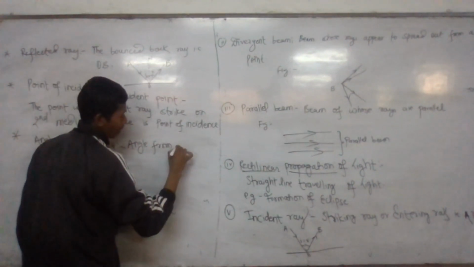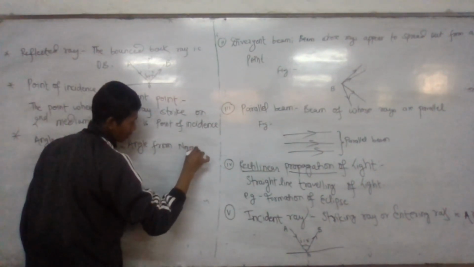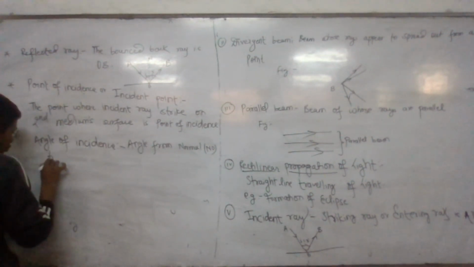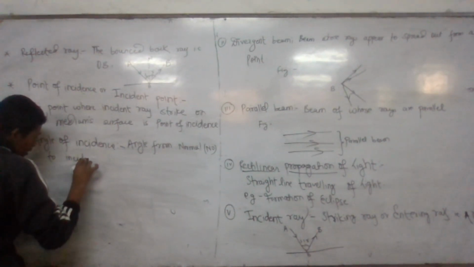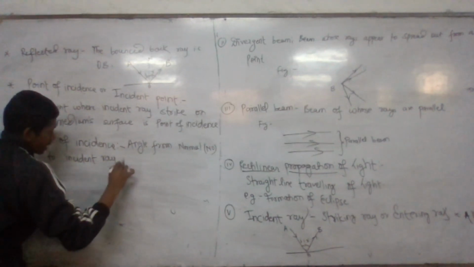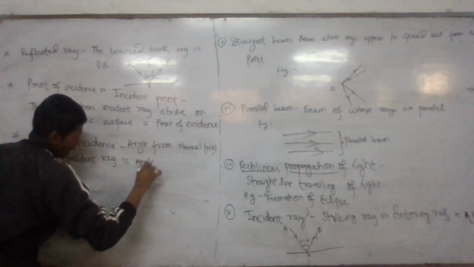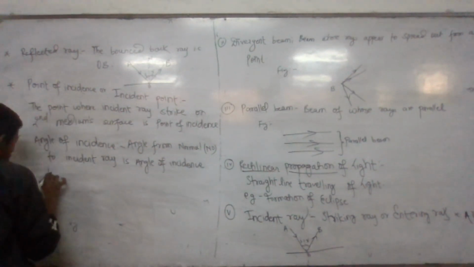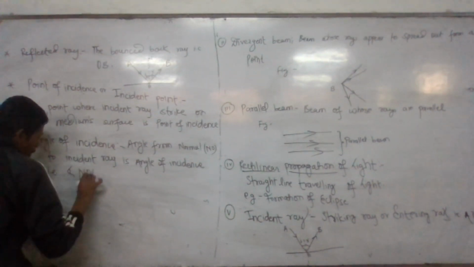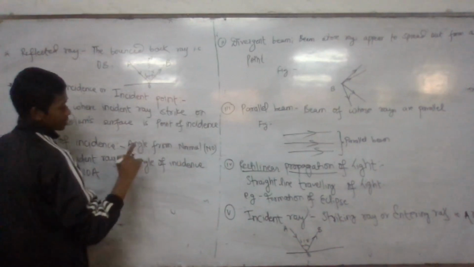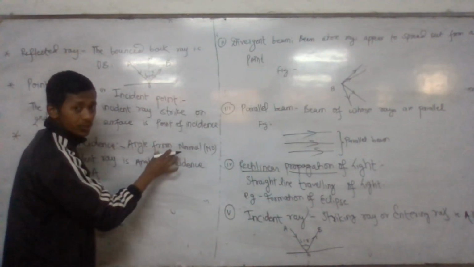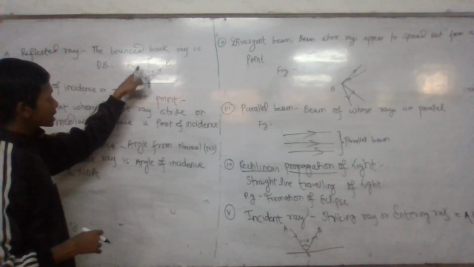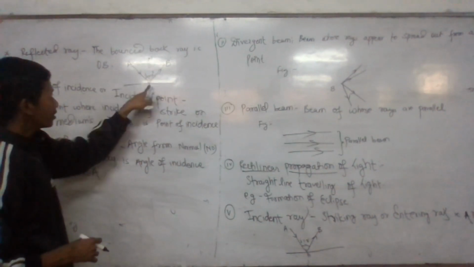So the angle from the normal to the incident ray is the angle of incidence. We are not allowed to write angle between here; instead, we have to write angle from, because we always measure the angle from the normal. That is the normal and O.